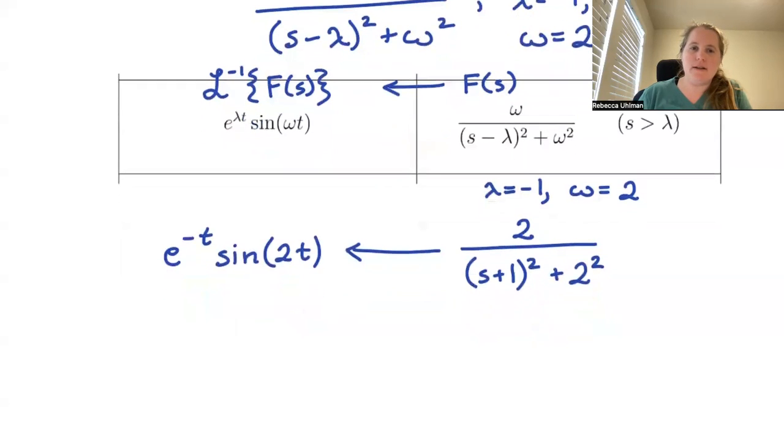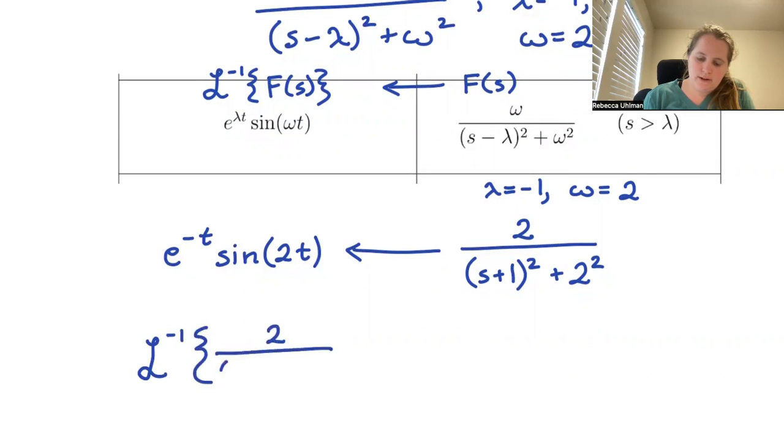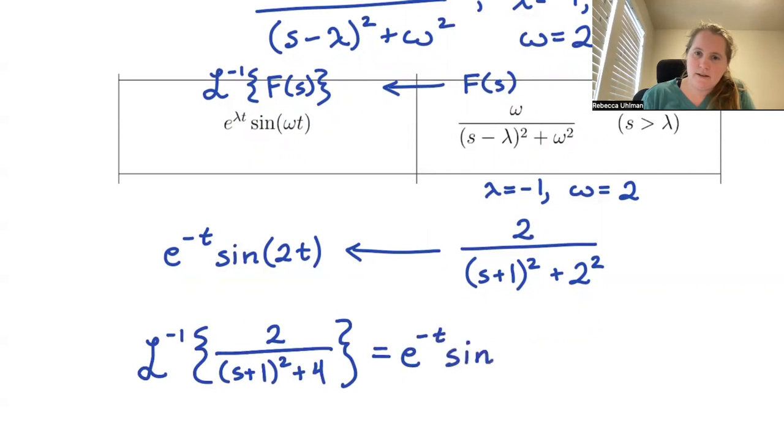So there's our e to the -t sine of 2t. And this gives us the inverse Laplace transform of 2 over s plus 1 squared plus 4. That inverse Laplace transform is simply e to the -t times sine of 2t.